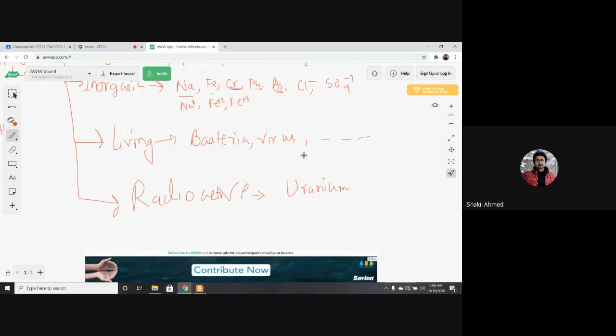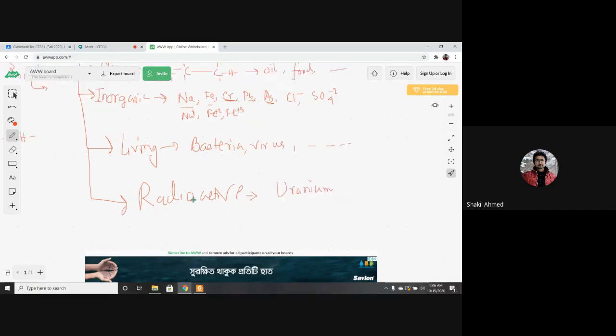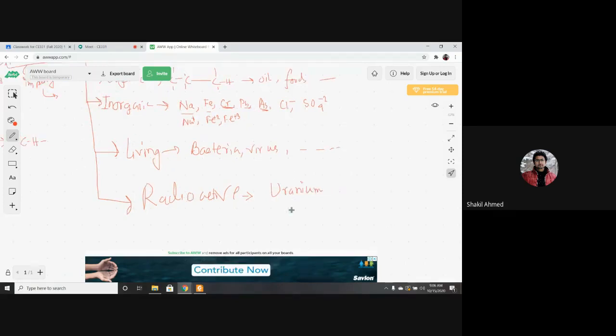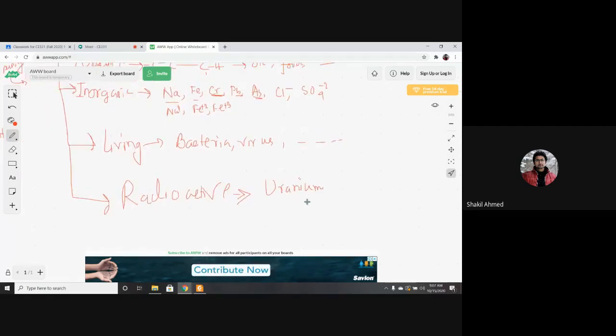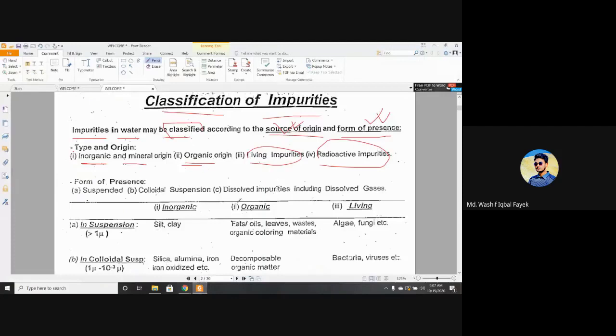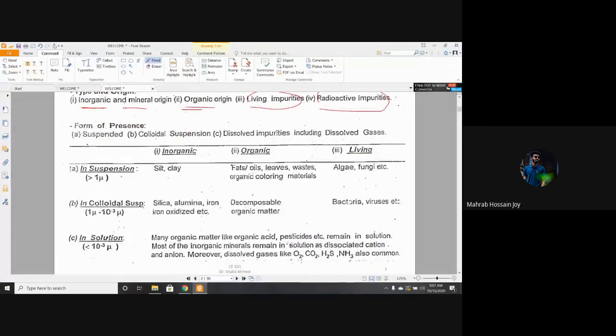Here the atom breaks down and radiates, and this radiation may cause cancer. So that's why they have been categorized into another classification, radioactive. Clear? Yes, sir.